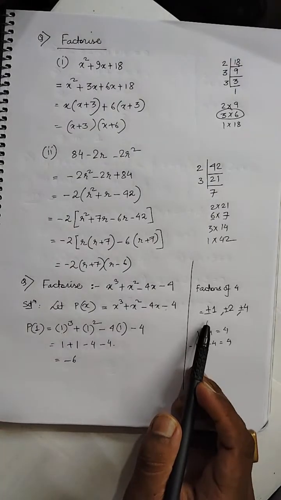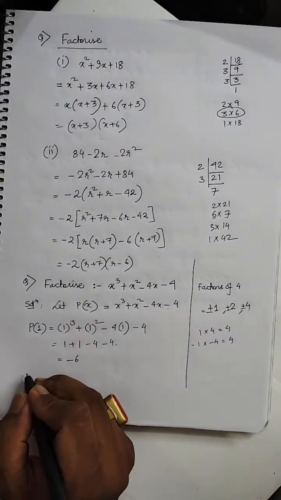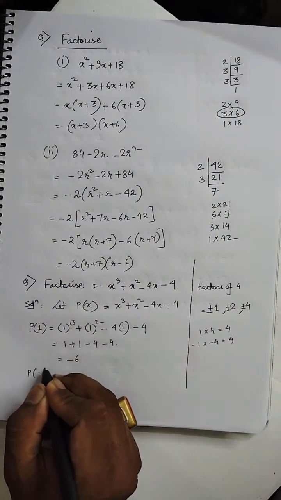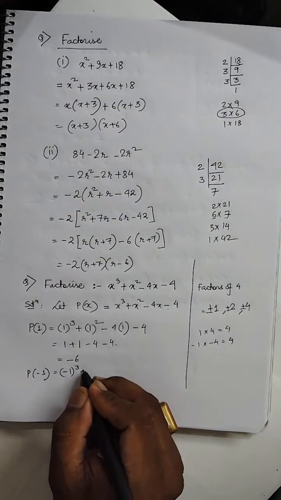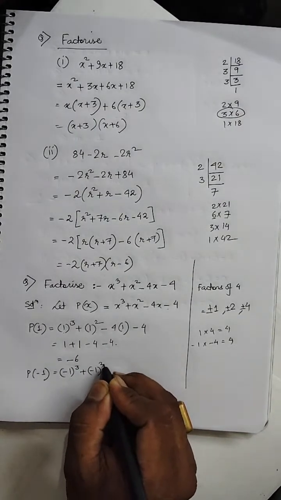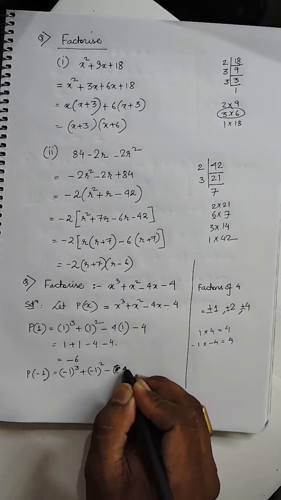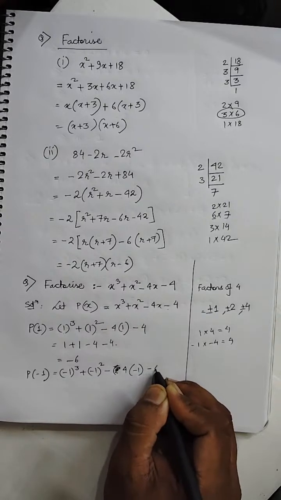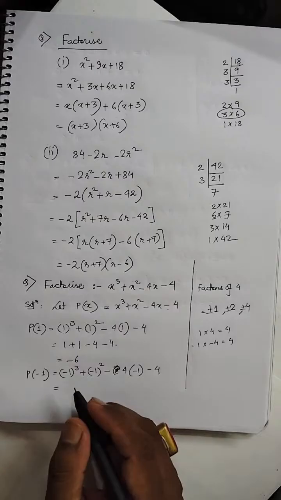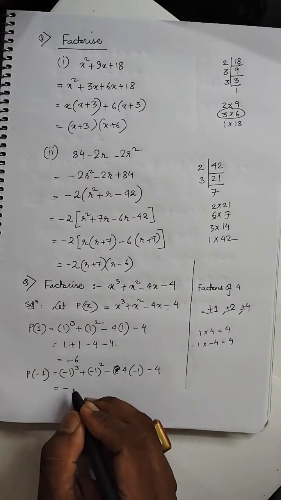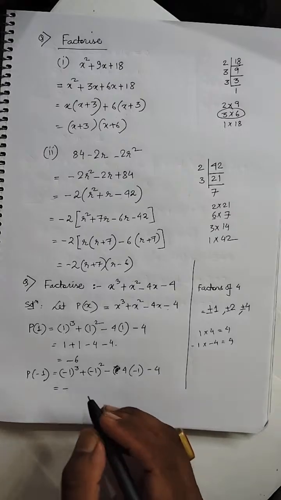So next is minus 1. Okay, the next value we will check is minus 1. So minus 1 whole cube plus minus 1 whole square, sorry, minus 4 into minus 1 and minus 4. So cube of any negative number is always negative, is it?